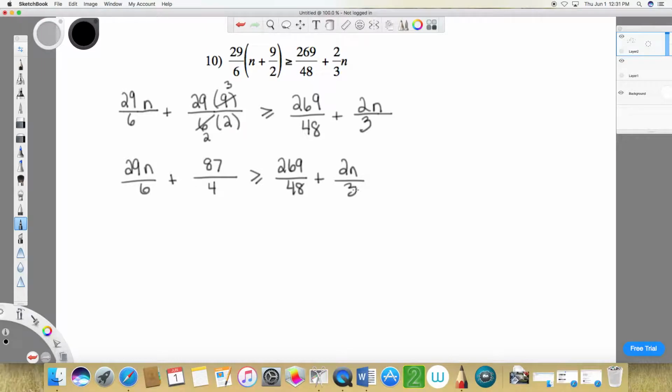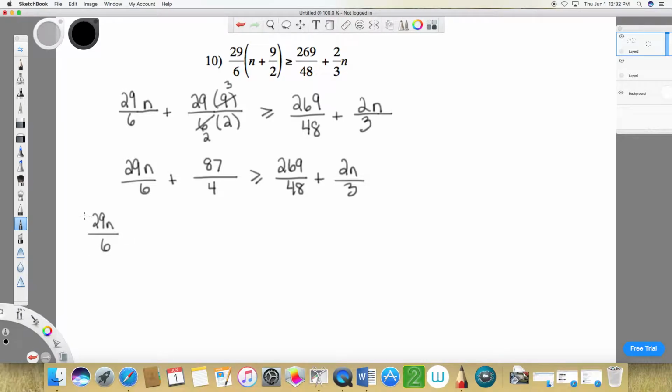All right, so with 6, 4, 48, and 3, the least common denominator of those is 48. So let's get each of these denominators to be 48. So I've got 29n over 6.